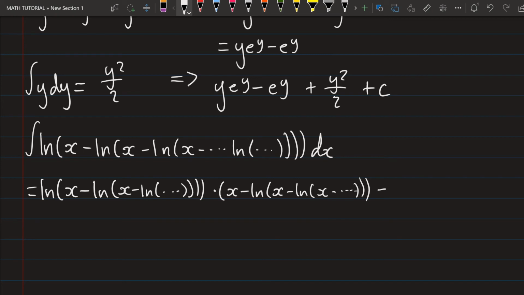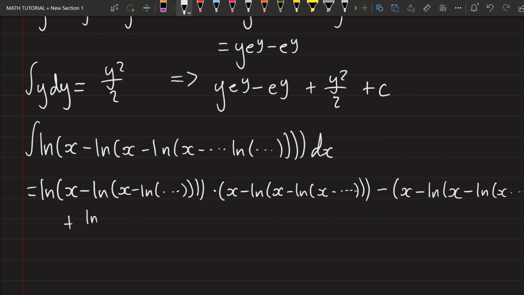And again, we just subtract the same thing. It's not multiplied this time though. So we just go x minus the natural log of x minus the natural log of x, and so on. And we add y squared over 2 as well.